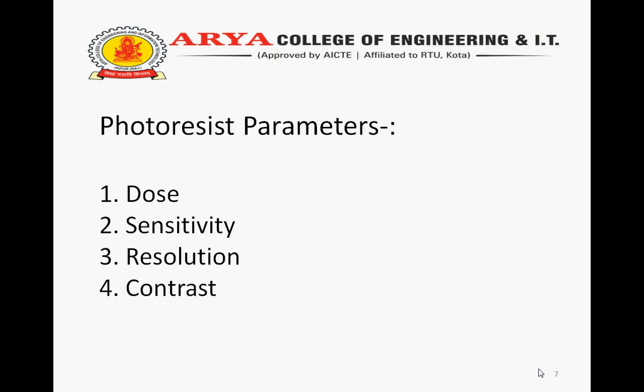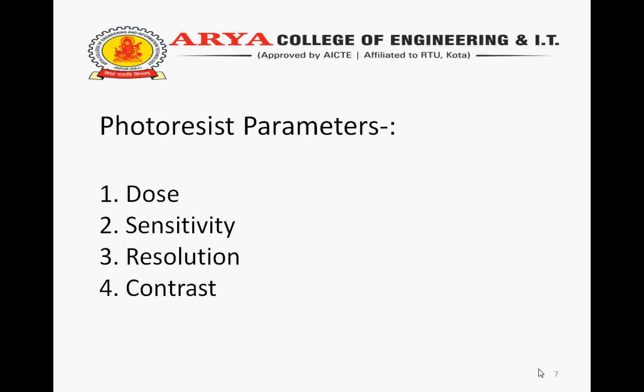Fourth is contrast. Contrast of photoresist is used to characterize the resist directly. The numerical value of contrast is gamma equal to 1 upon log10 of D100 upon D0, where D100 is the lowest energy density for which all of the resist is removed, and D0 is the lowest energy density needed to begin photochemistry.